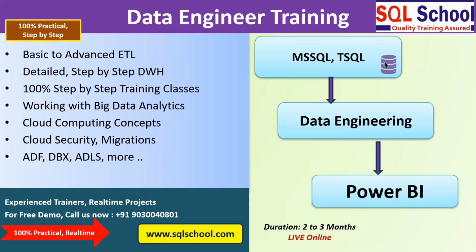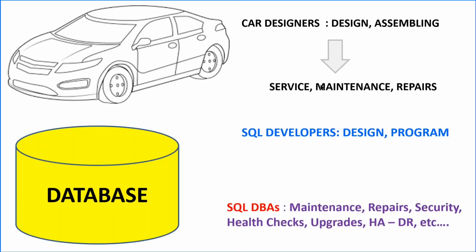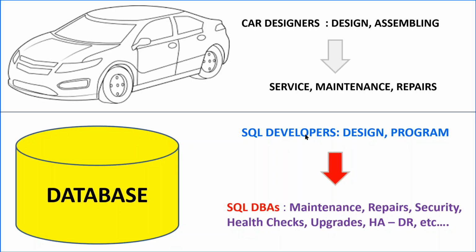Then comes DBA, database administration. Assume a car. Car has different spare parts. They get designed, assembled, on road, then comes service, maintenance, and repairs. Same way, database. Developers will be involved in design, development, and programming the database. Developer job role.